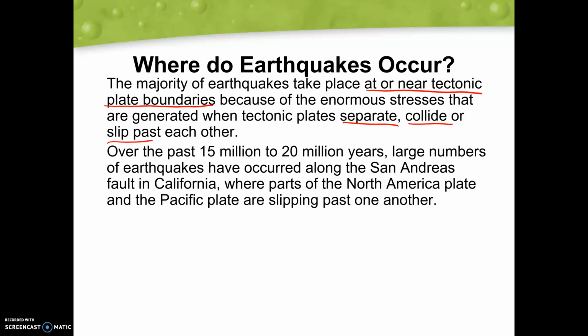Over the past 15 million to 200 million years, a large number of earthquakes have occurred along the San Andreas Fault in California. That's probably a really popular one that you've heard very frequently, and this is actually a transform boundary at this location.